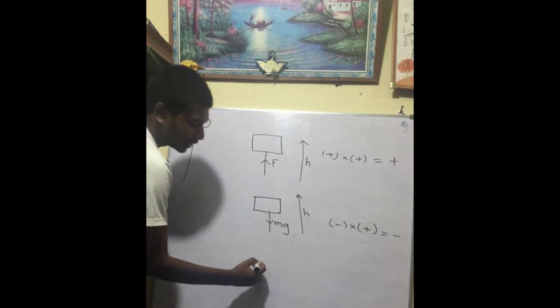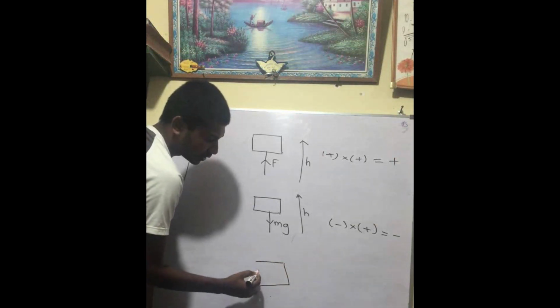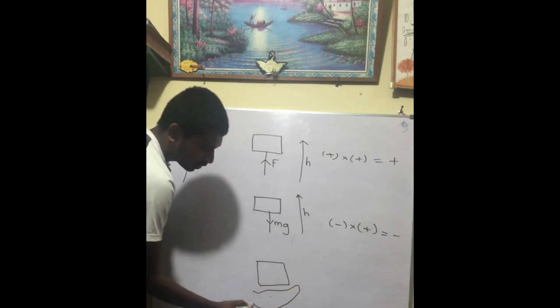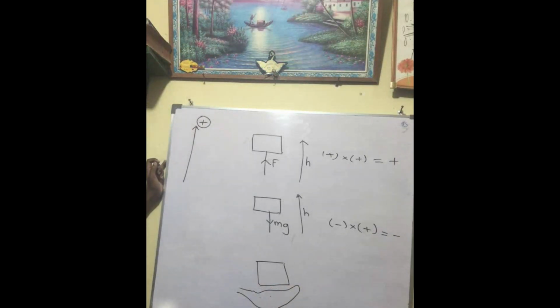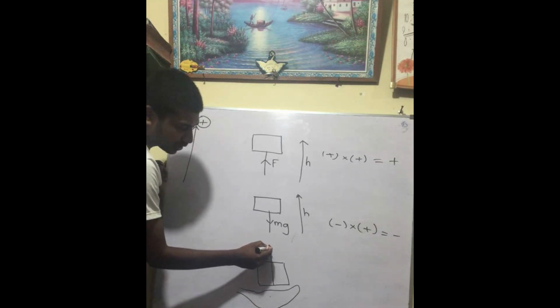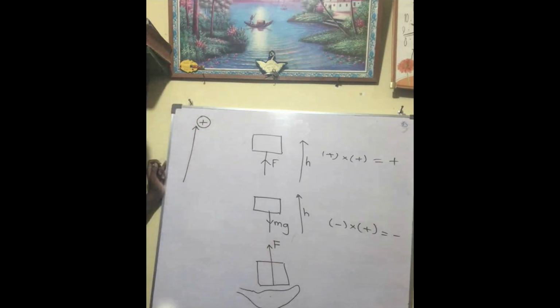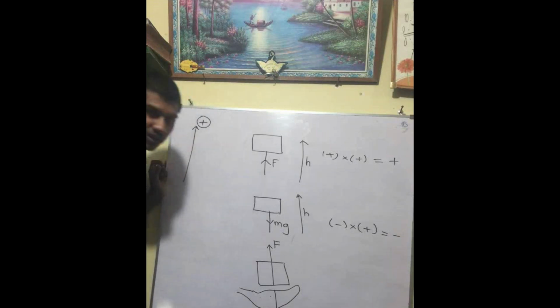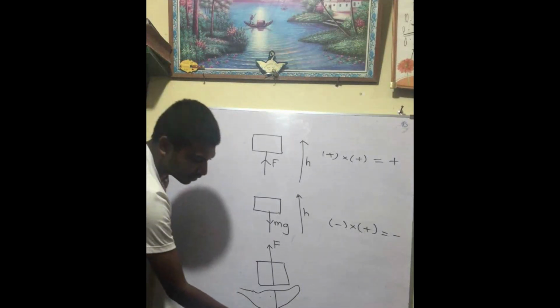So here, guys, they are considering not the force on the weight but the force on the hand. If the hand is giving force to the weight in the upper direction, you know by Newton's third law, the weight will give a force of the same magnitude in the opposite direction to the hand.